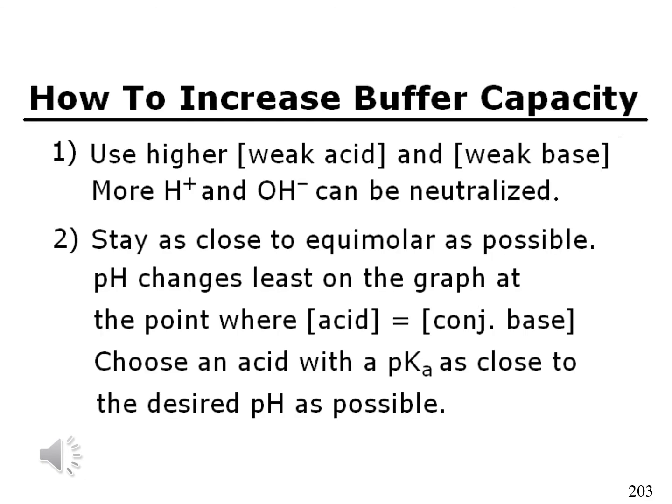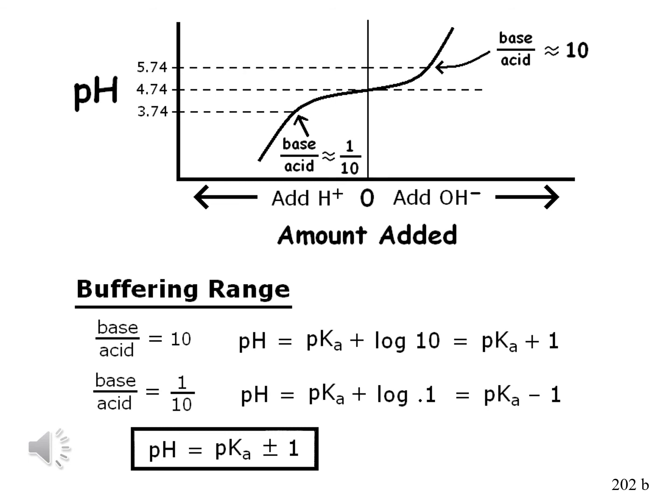The other possibility comes from the fact that if you look at the graph, where does the pH change the very least? It changes the very least when the buffer is equimolar. In other words, when you haven't added anything. So that means an equimolar buffer is the best possible buffer.